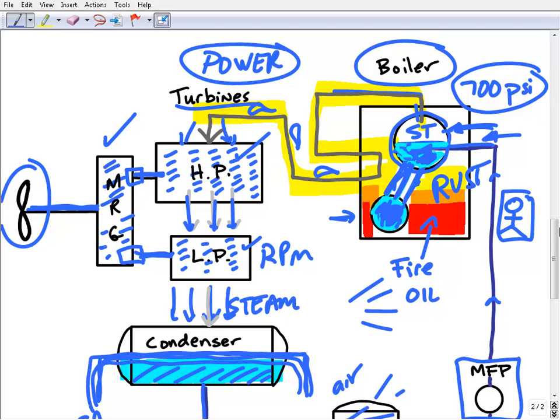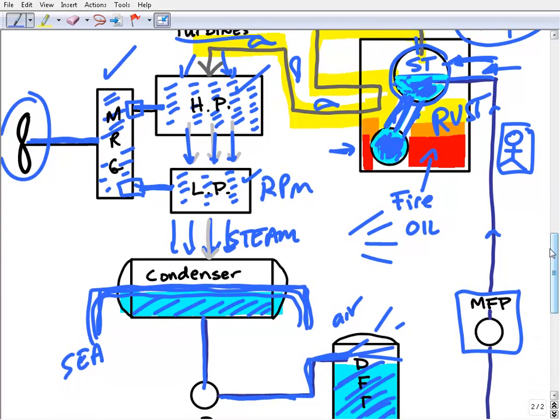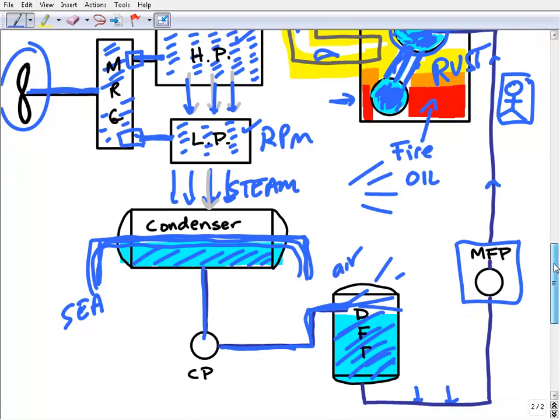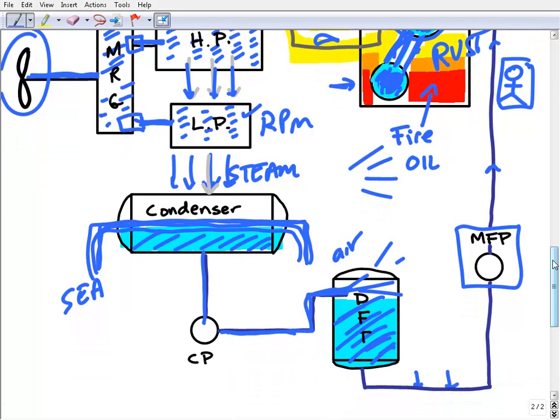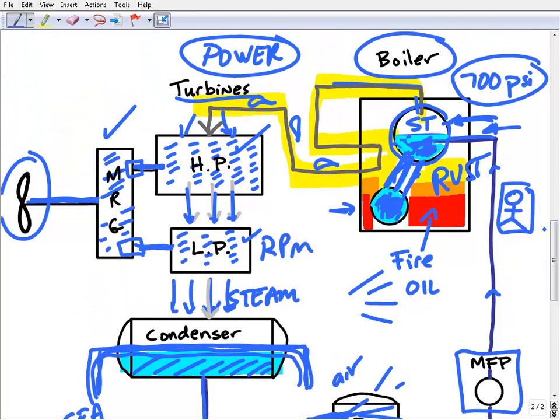And the turbines turned the main reduction gear, which turned our shaft. Then we used the exhaust of that steam. We finally used all its energy. We converted it back into water or condensate through the condenser. And then we treated that water. We deaerated it in a DFT and then treated it along the way and put it back in our boiler.